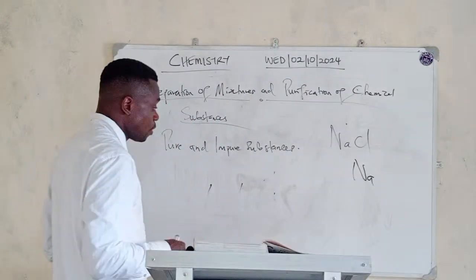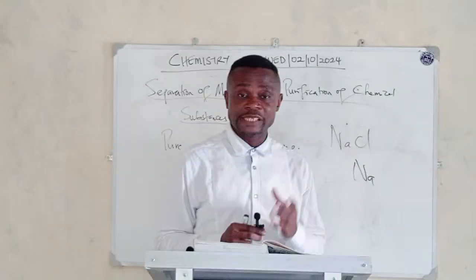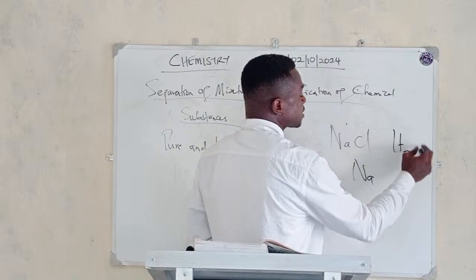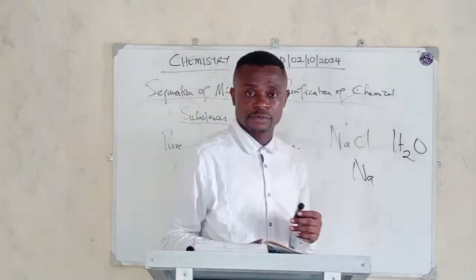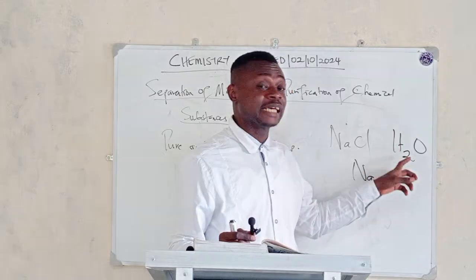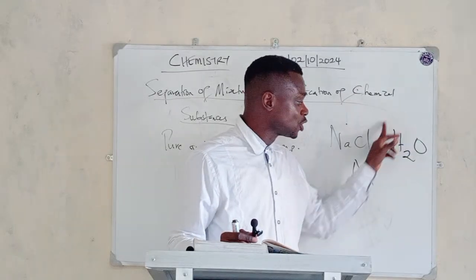For a pure substance, for example, water. Water is a pure substance. That's why if water has any other constituent inside, it is taken as what? Impurities.